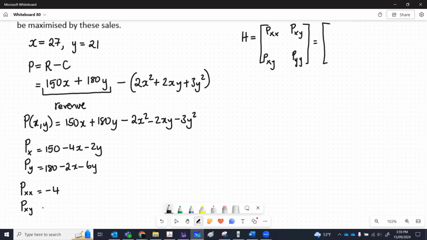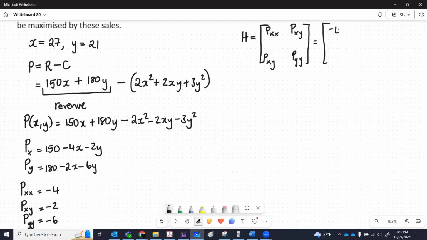Our next second order partial derivative, we differentiate this with respect to y. This is 0, this is 0, and the derivative here is minus 2. And then for y, the derivative is 0, the derivative is 0, the derivative is minus 6. Okay, then we go ahead and substitute it into our matrix.